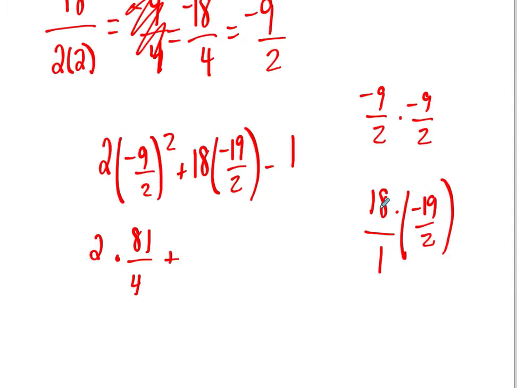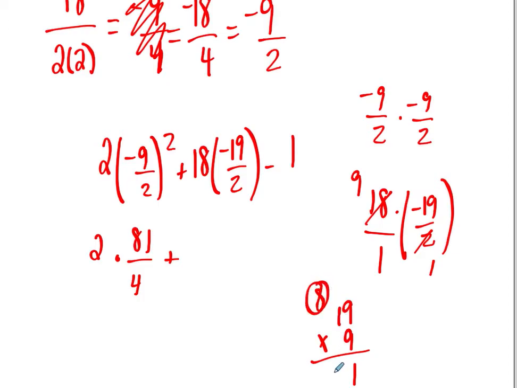But what is 18 times this right here? What could I do? The 18 and 2 would reduce by a 2. Does that make sense? Yeah, 2 goes into 18 9 times. Right? So 19 times 9 is what you would do.